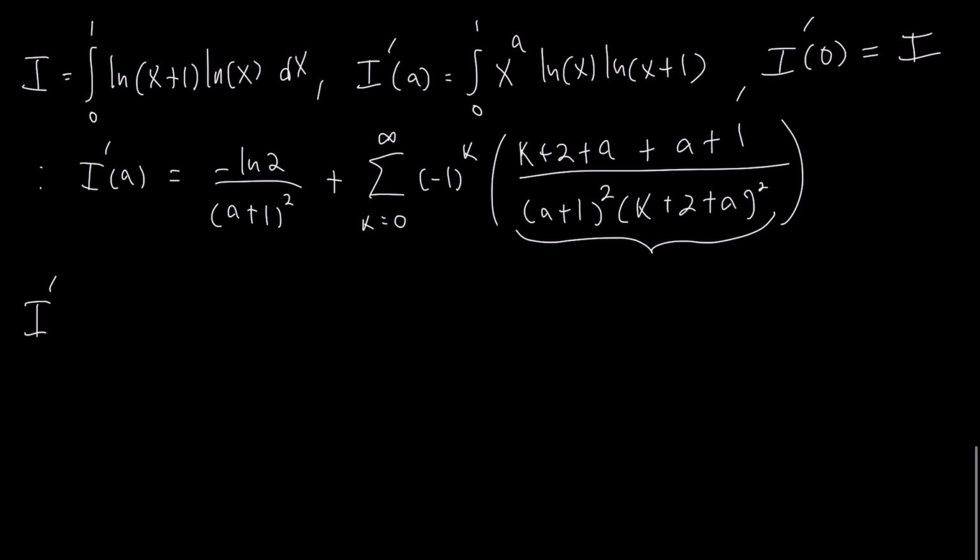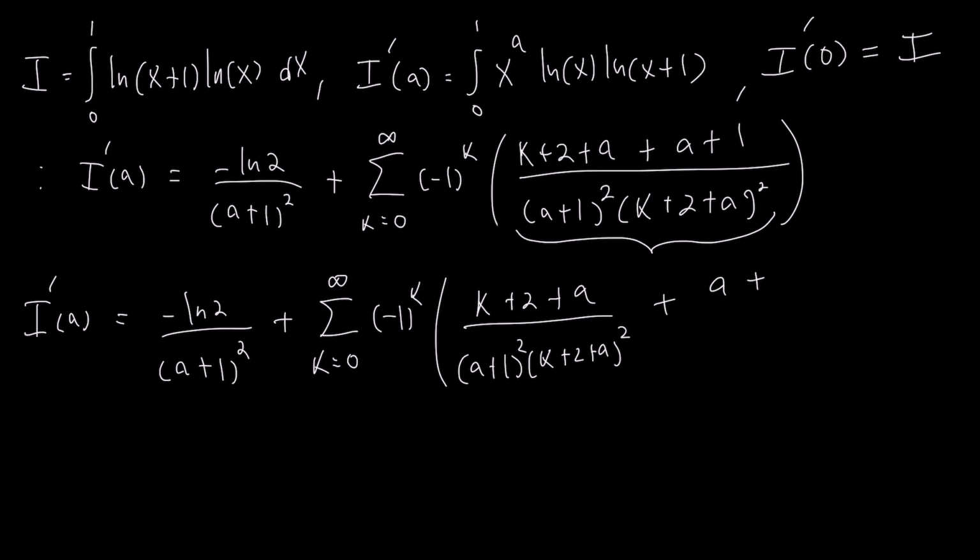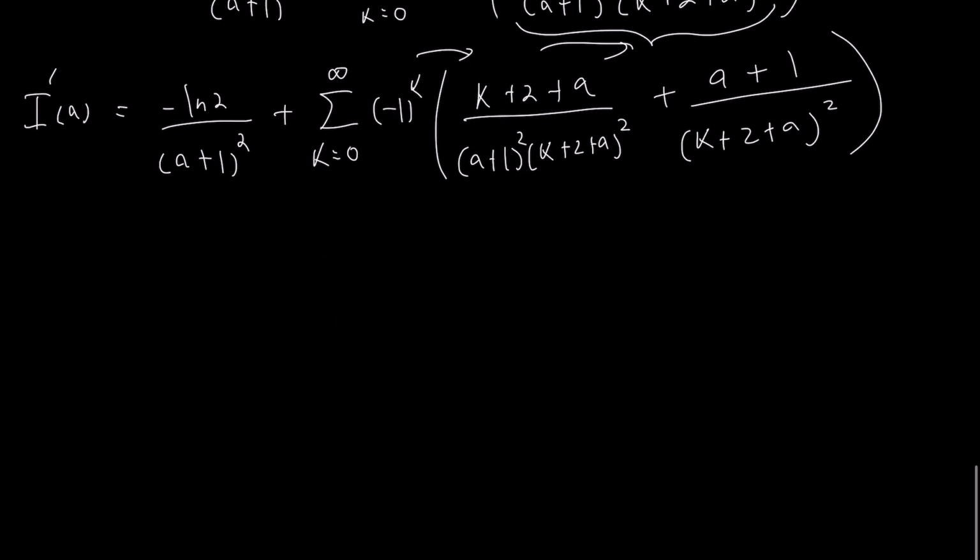So we have I prime of a is negative log 2 divided by a plus 1 squared plus the sum from 0 to infinity, negative 1 to the k, and then we'll have a k plus 2 plus a divided by a plus 1 squared, k plus 2 plus a squared, and then plus a plus 1 over k plus 2 plus a squared. And now from here we could distribute.